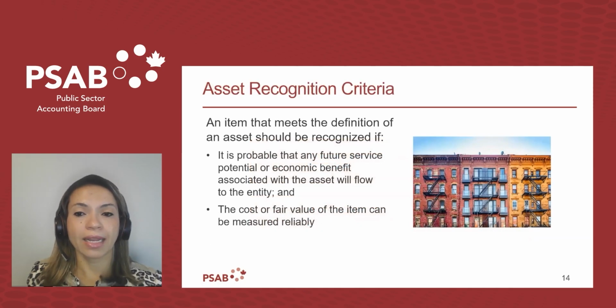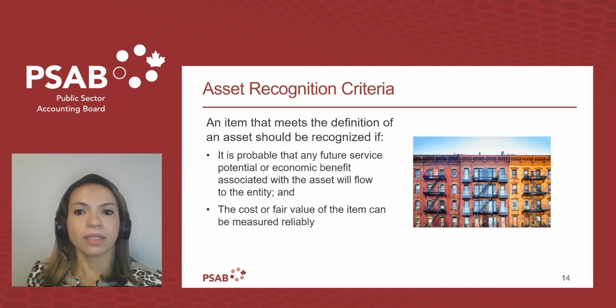Once it's determined that a resource meets the definition and has the key characteristics of an asset, a determination must be made on whether the recognition criteria are met. The recognition criteria are on the slide. The concept of probability is used in the recognition criteria to refer to the degree of uncertainty that the future economic benefits associated with the asset will flow to the entity.